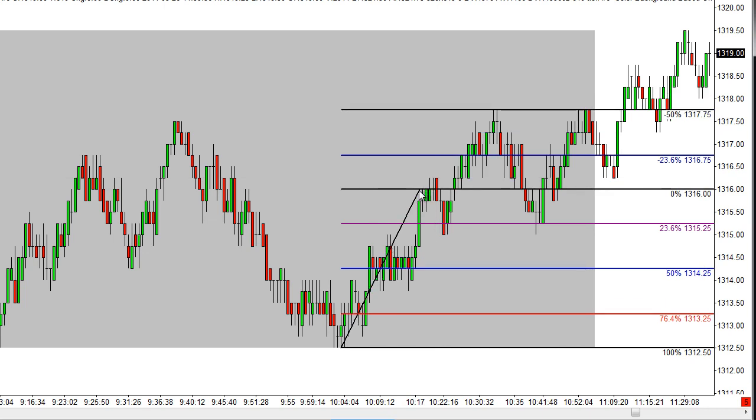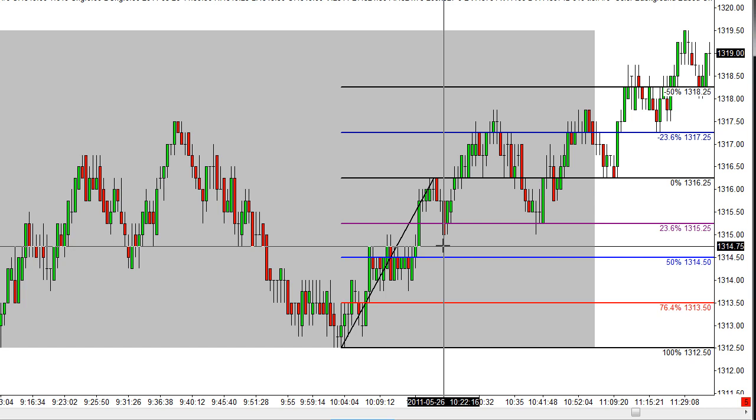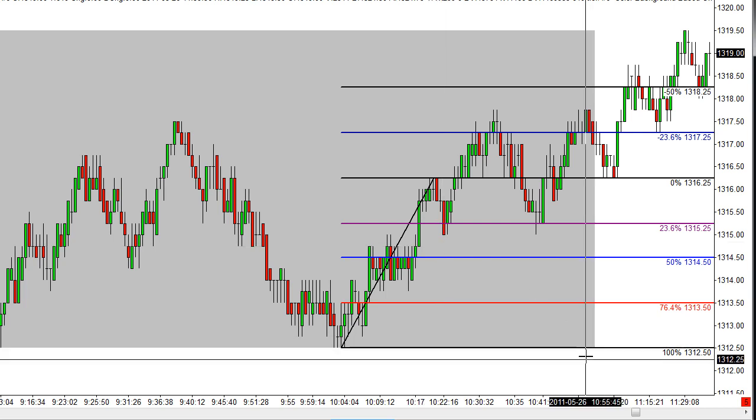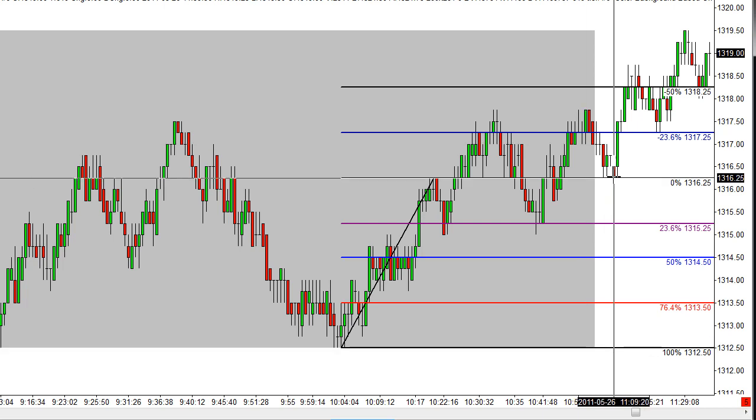You have to be sort of quick, because once it gets to the 23.6% line, you move the fib, and it still leaves you a little bit of time to place your order at 13.1475 if the new fib meets the criteria specified in rule number 1, which in this case it does not, because the distance between the pivots is just 3.75 points, so you will not take a trade here.